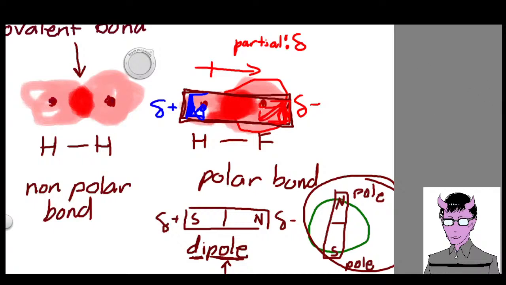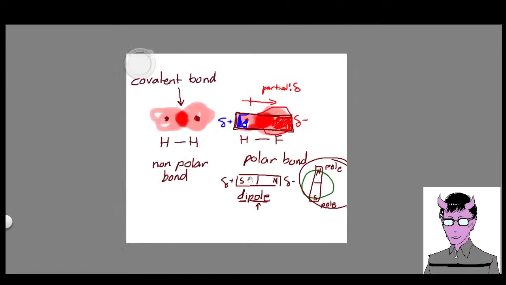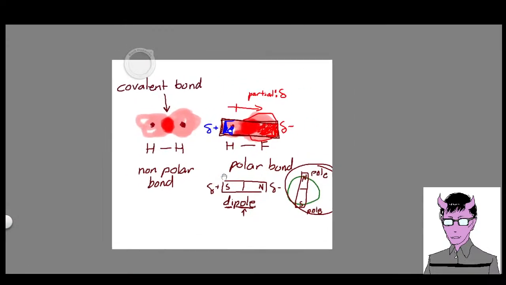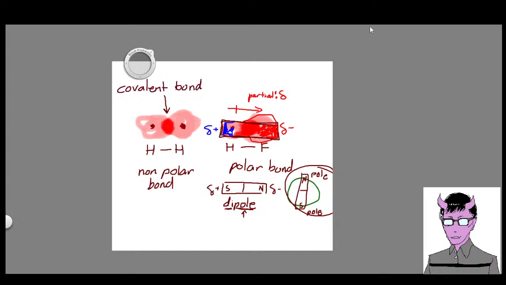So electron density builds up on one side, thereby creating this distinct end that's partially negative. Again, not a full negative, only a partial negative. So there it is. So far, we have a clear difference in electron quote-unquote sharing.